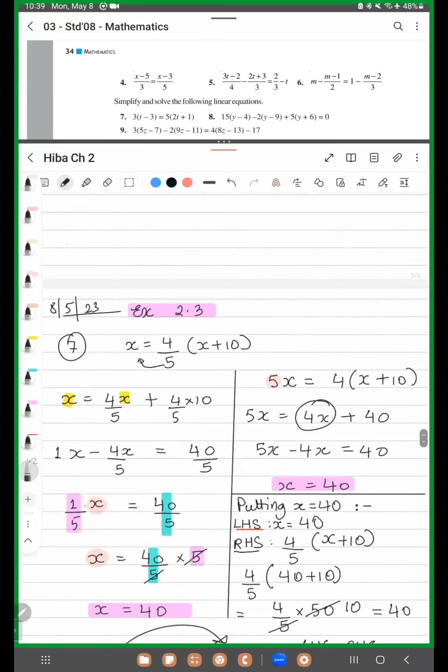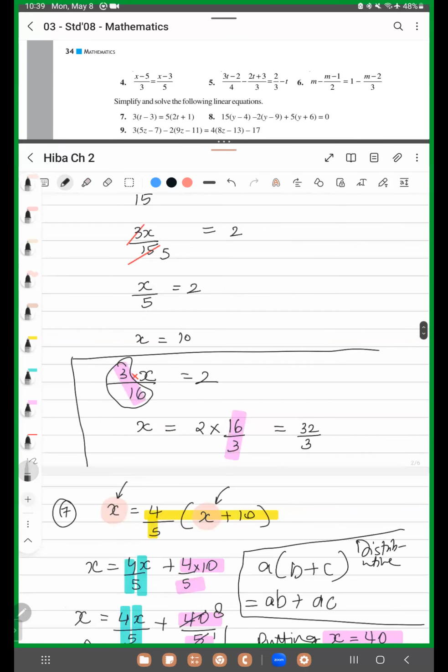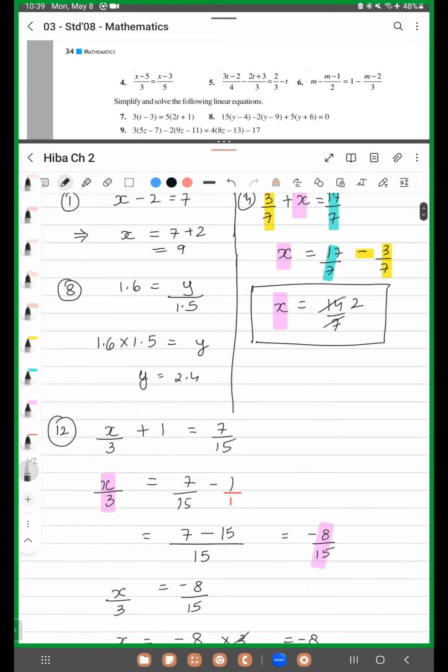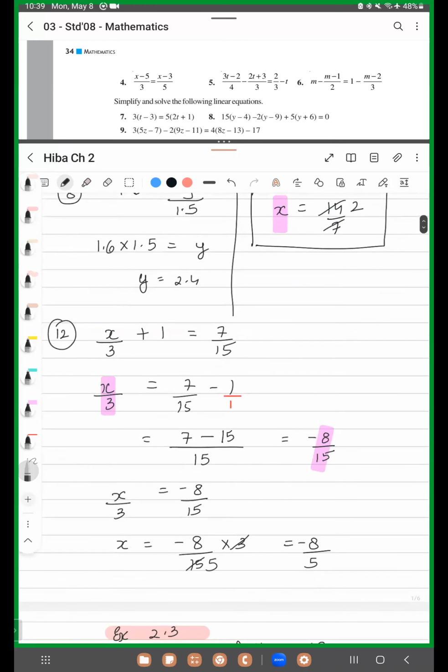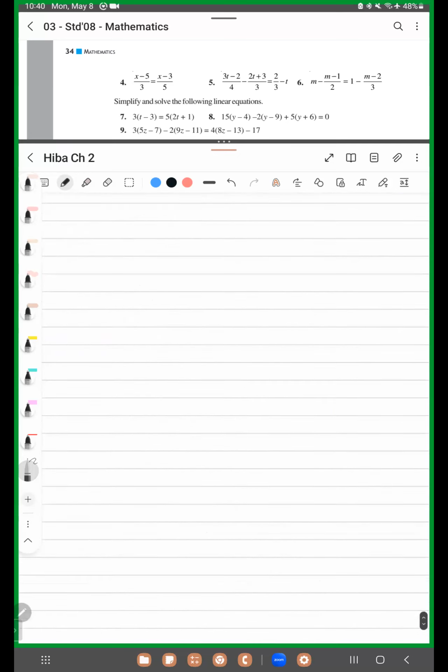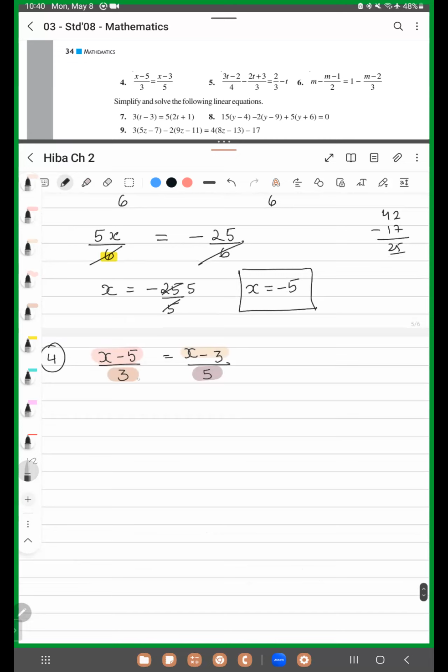Okay, let me show you in the previous thing also. हाँ, ये x by 3 है. इसमें ये 3 आपने दूसरे साइड पहुंचा दिया. देखो, this is what you have done, right? So that's the same thing that we are doing over here. We are taking this 3 and putting it to the other side.